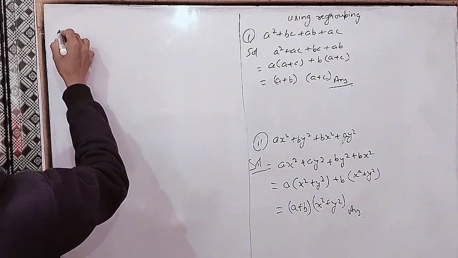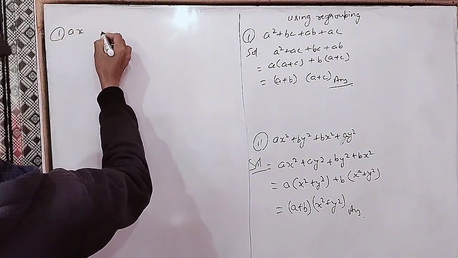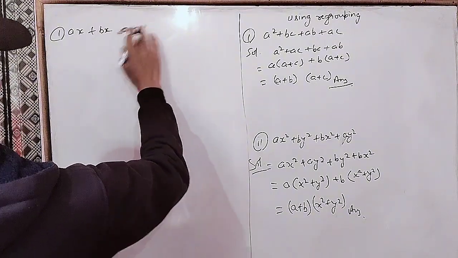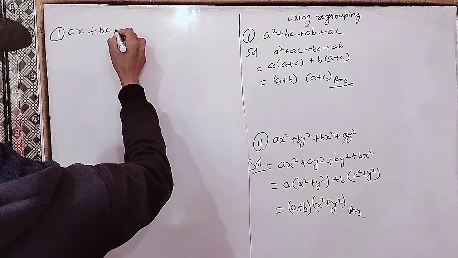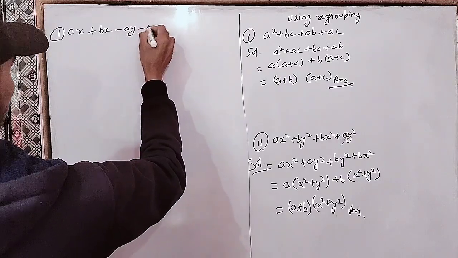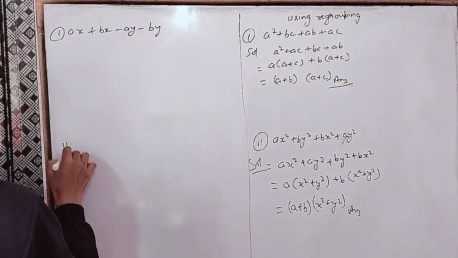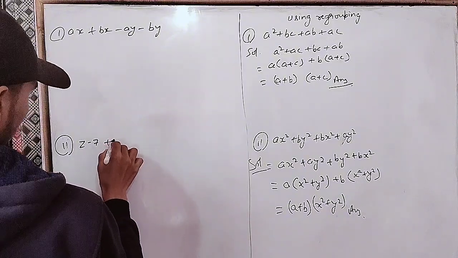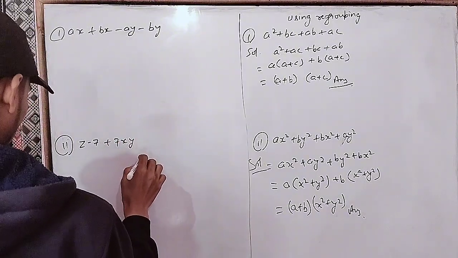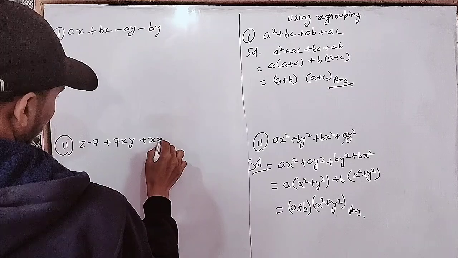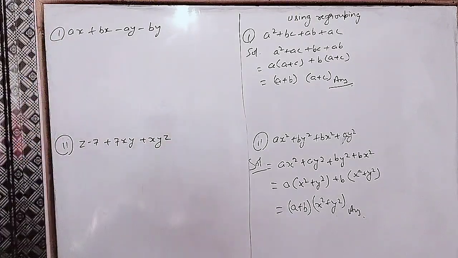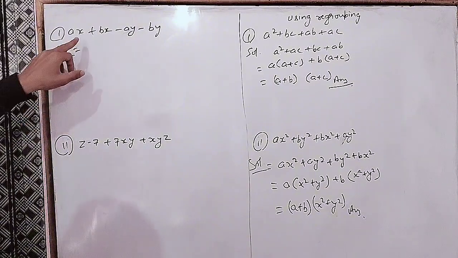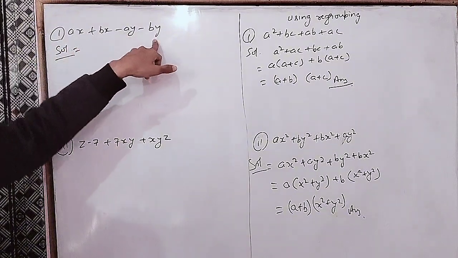Okay. So next is AX and then second we have 7XY, then XYJ. So look at this. Here, x is common, y is common.